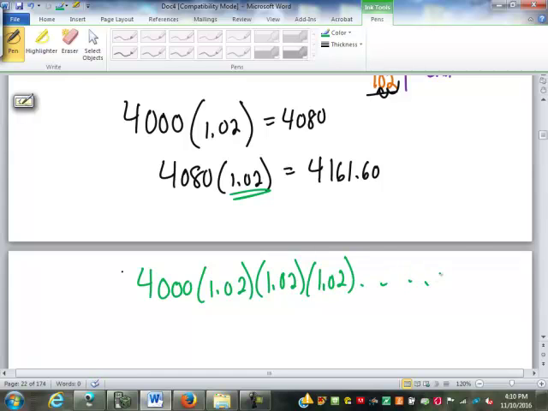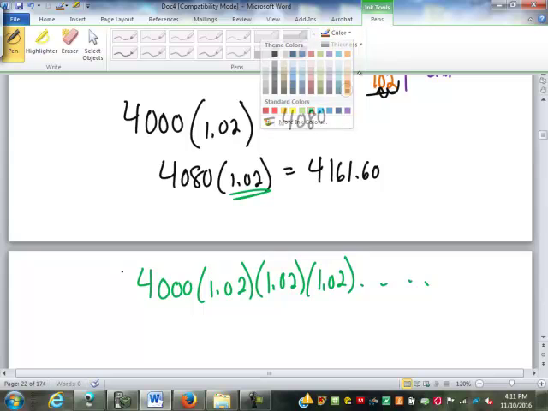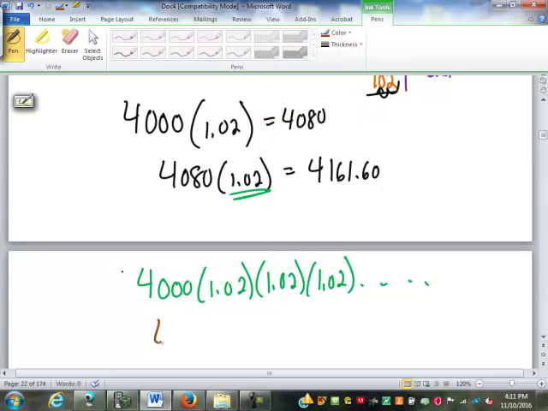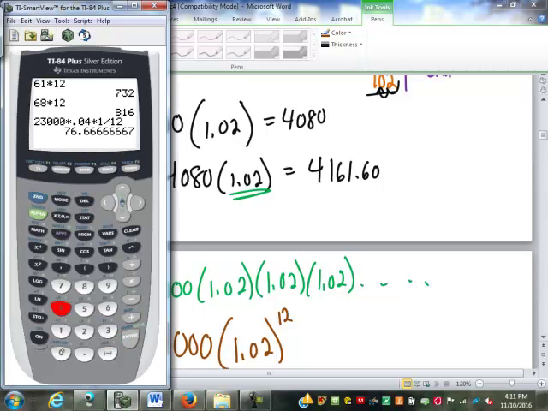In math, do we have a shortcut for multiplying by the same number over and over again? Yeah, it is a power of 12. So if I take $4,000 times 1.02 to the power of 12, I get $5,070.97.